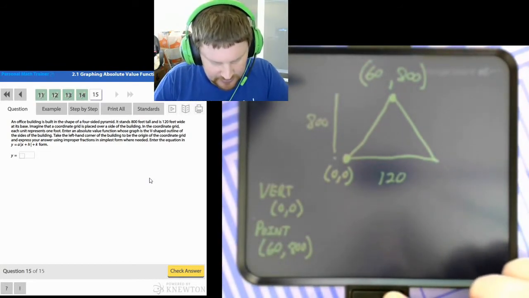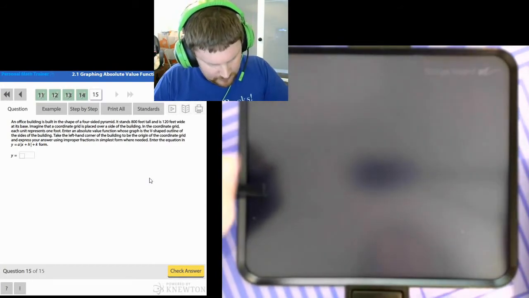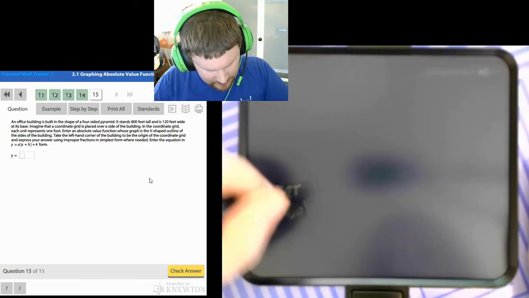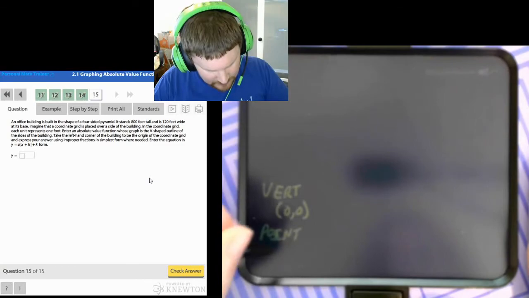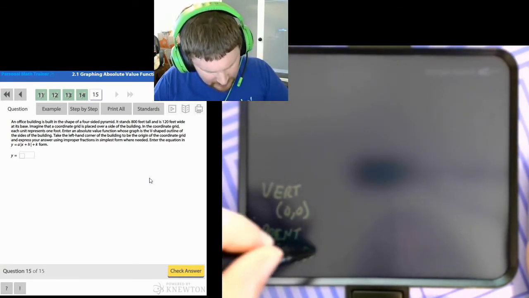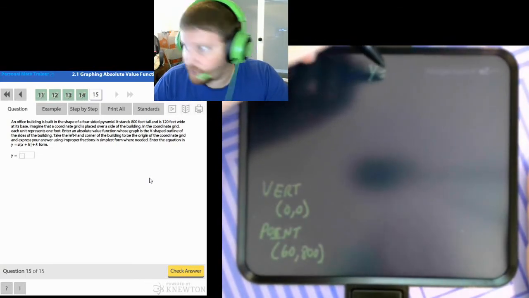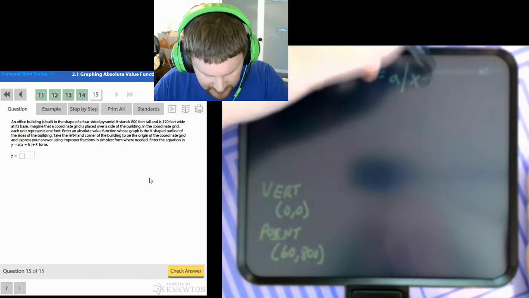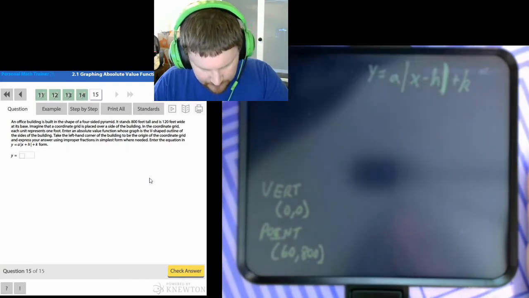So let's go ahead and write vertex 0, 0, point is at 60, 800. So with that, y equals a times absolute value of x minus h plus k.